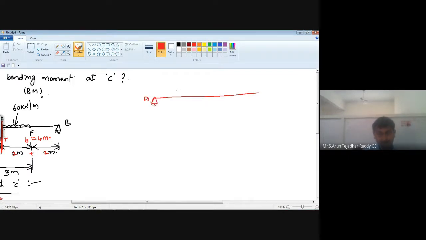Here A, and here the load is acting, UDL is acting, B, it is C, D, E, F. Here it is 50 kilonewton.